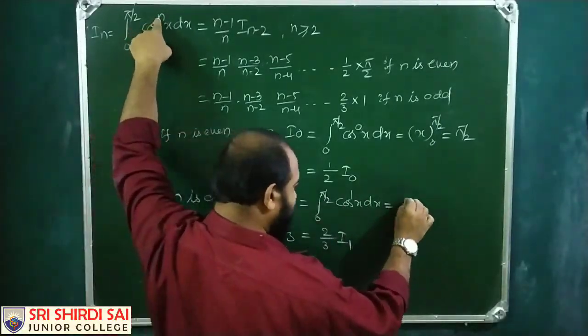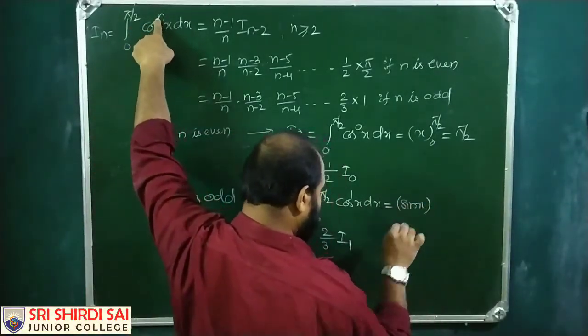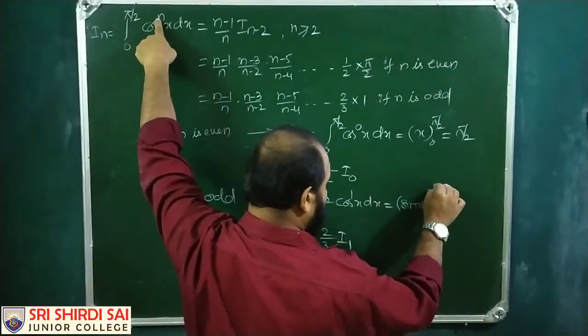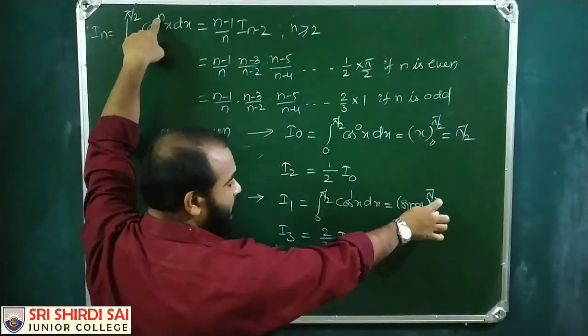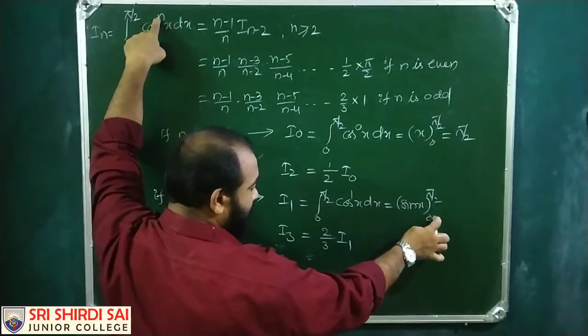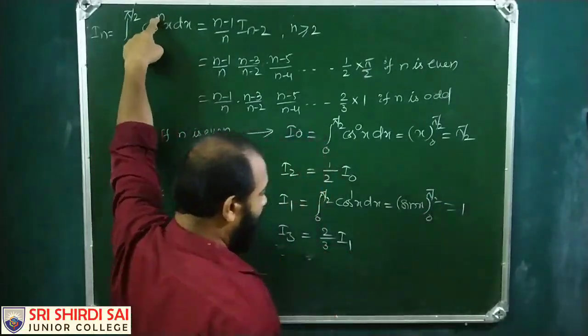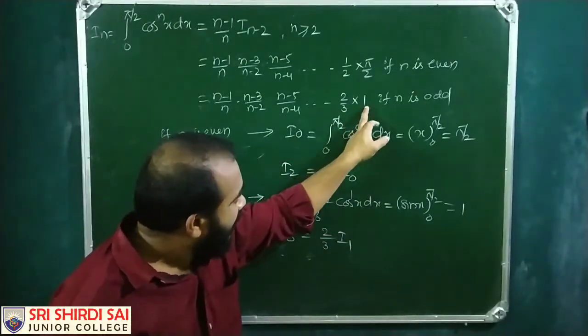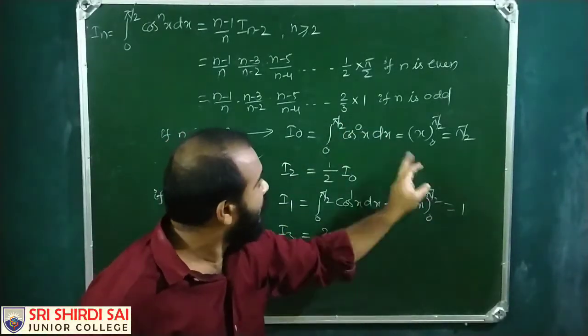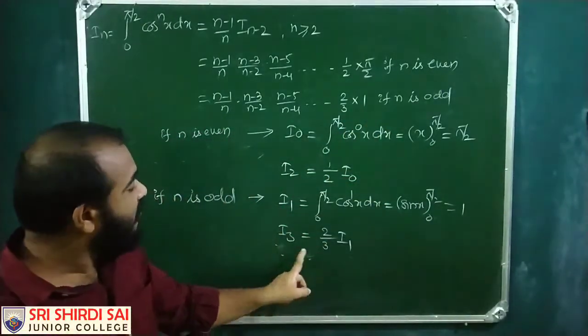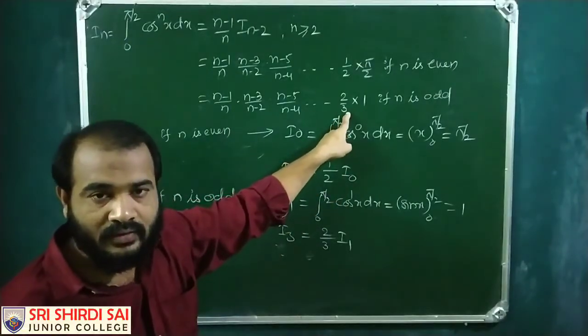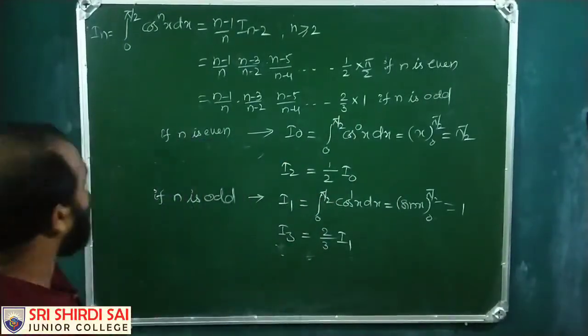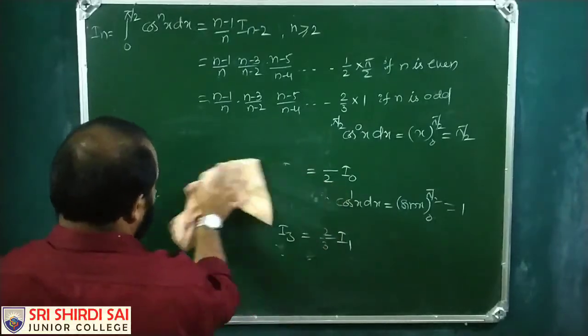The integral of cos x is sin x, from 0 to pi by 2. Sin 90 is 1 minus sin 0 which is 0, so 1 minus 0 is 1. So the last term I1 value is 1, and the I3 value is 2 by 3.